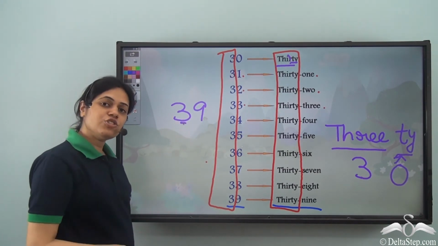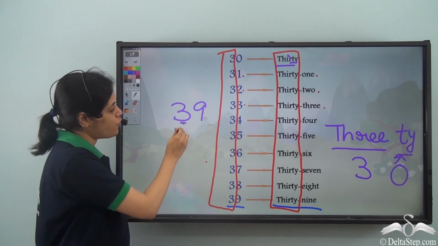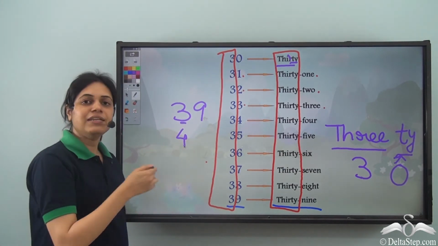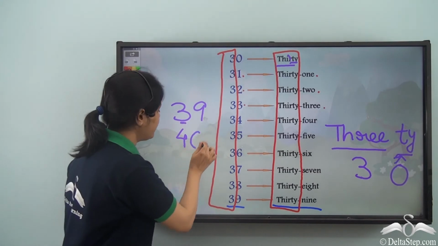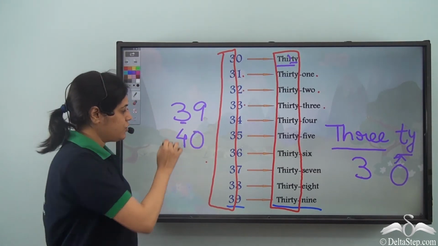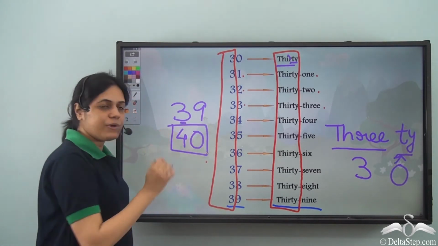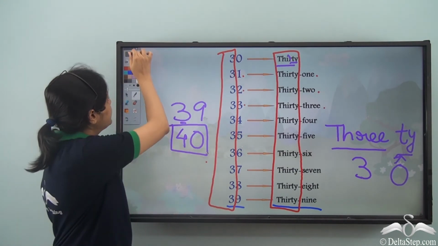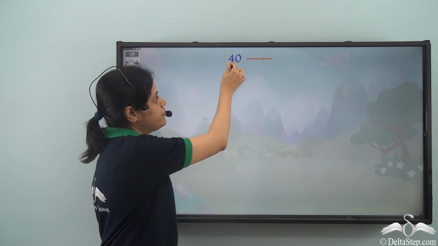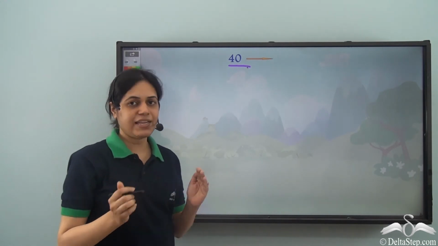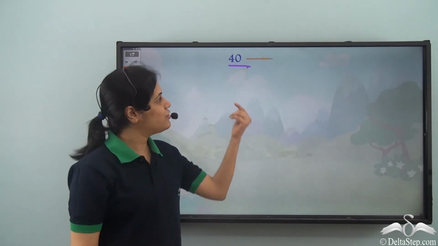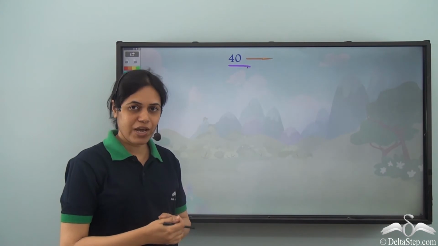So 3 will change to what? 3 will change to 4. And 9 makes way for 0. So this is the next number after 39, 40. So 4 and 0 coming together to give us this new number, right?